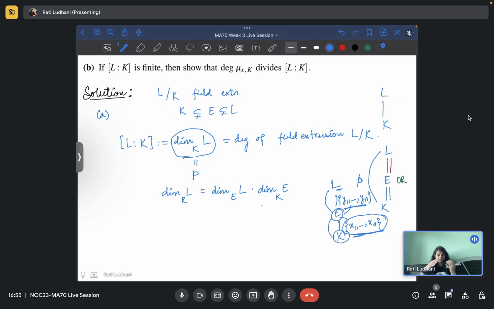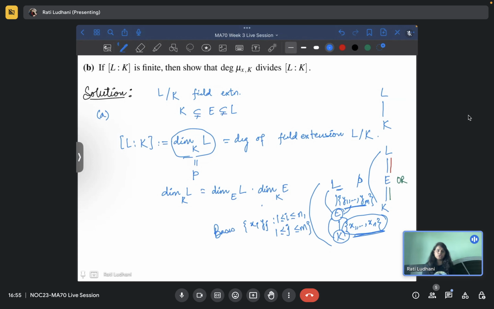If you have these two bases, then the basis for L over K you can pick to be the products xi yj, where i is from 1 to n, and j is from 1 to m.